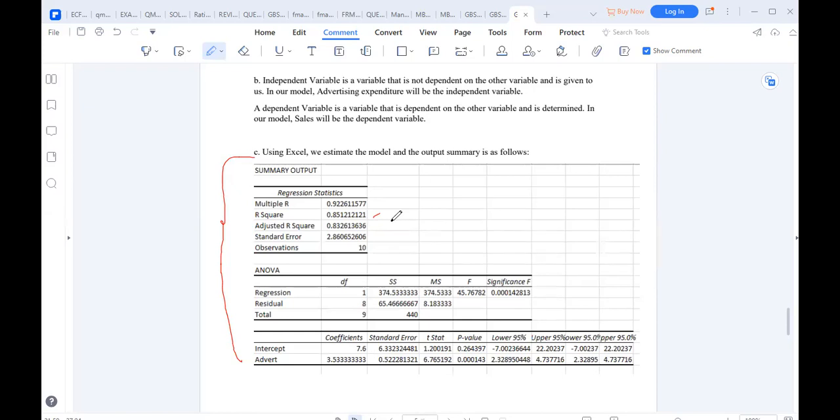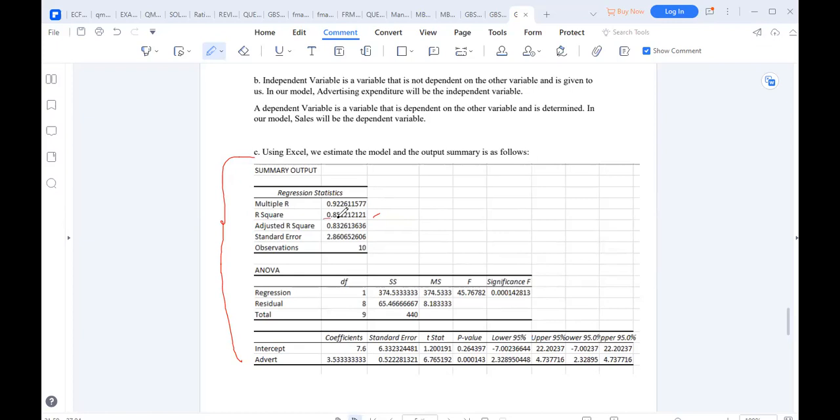Using this output, what can you make of this regression statistics? Number one, it gives us the R squared, which gives us the extent to which advertising affects sales.